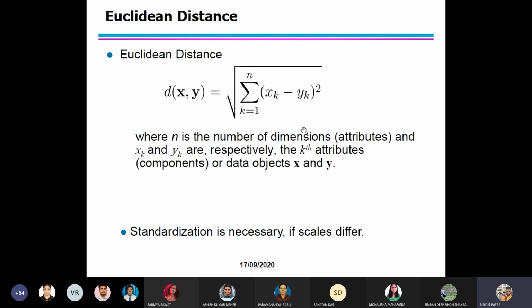This is not only for one attribute. Say you are comparing two cities. First, what we can do is look at characteristics like the radius of the corresponding city and population and so on. Population you may represent in crores or millions.